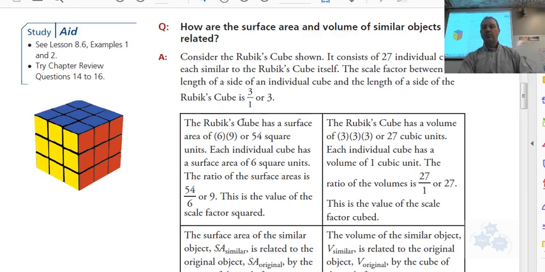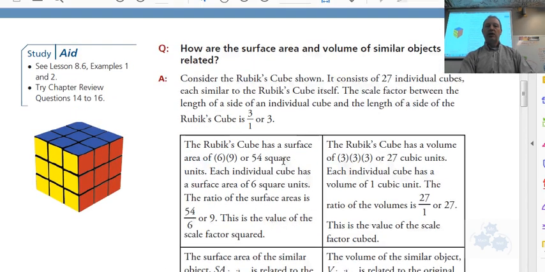So it's cubed. Now you can use this relationship, k cubed, to find k, obviously. We've done questions like that. Then you can use k to find the relationship between the surface areas. We did that, right? So k is the scale factor, and that's all a part of this.